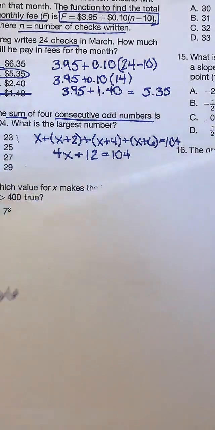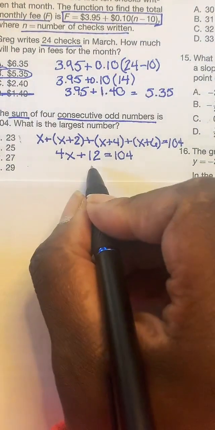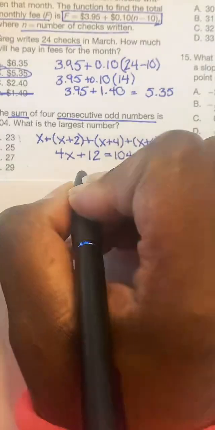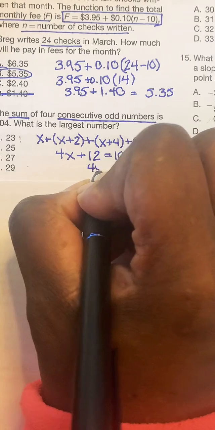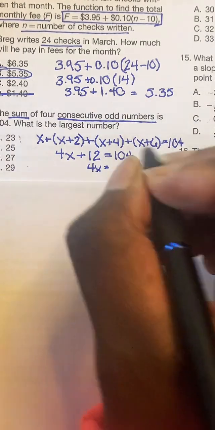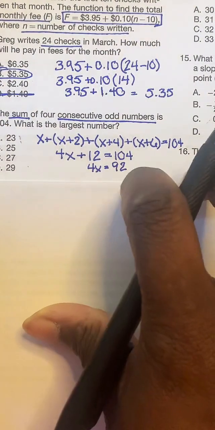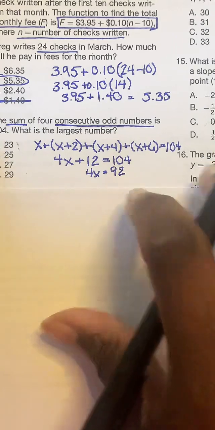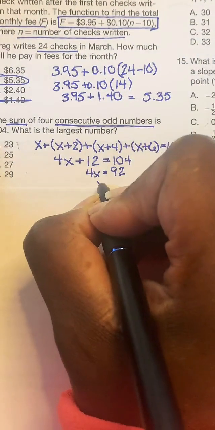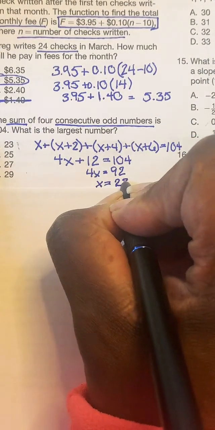So now, let me switch it over this way so it won't get too confusing. We want to subtract our 12, so that means we have 4x, and 104 minus my 12 will give me 92. And then I'm going to divide that 92 by 4. So that means x, that will give me 23.